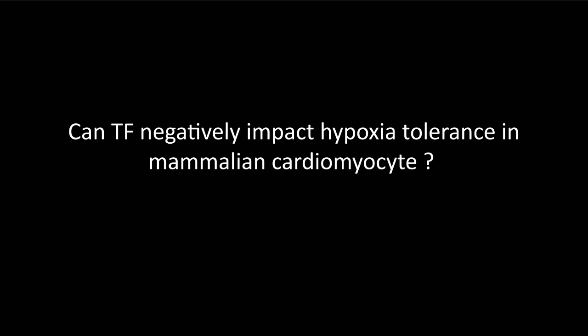The reason this is important is because the cardiomyocytes in all mammals, but especially human cardiomyocytes, during embryonic development must maintain a very high capability of metabolizing glucose under low oxygen conditions. That is, they must be able to switch from aerobic to anaerobic glucose metabolism very readily to survive embryonic development.